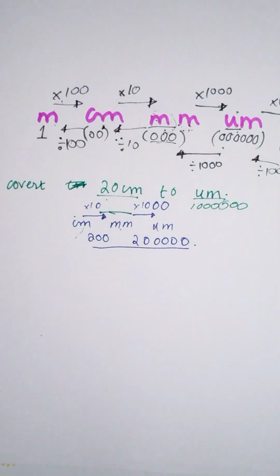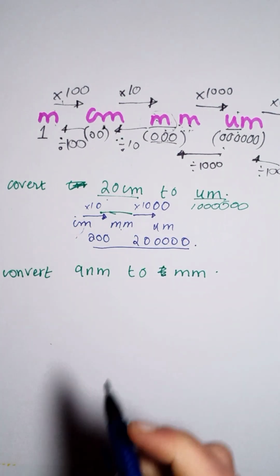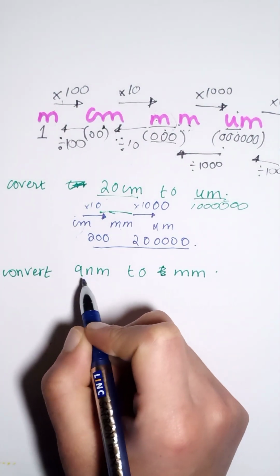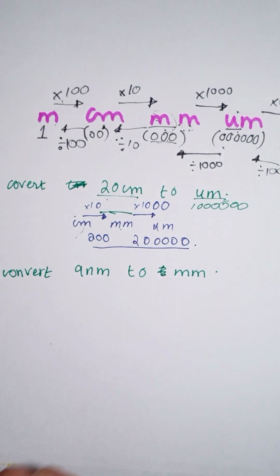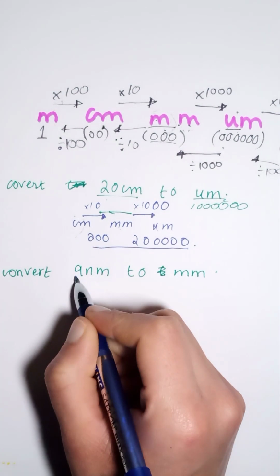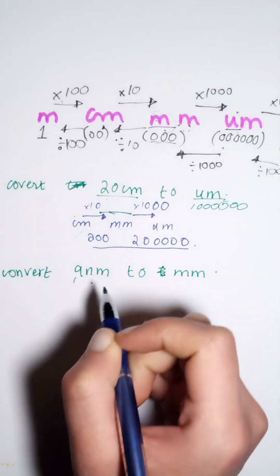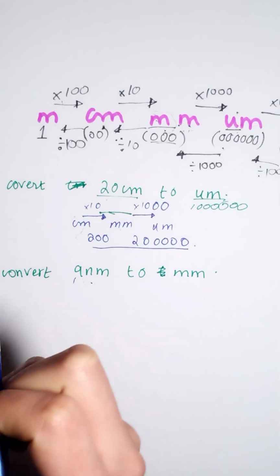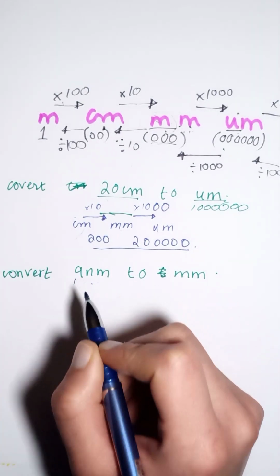Another question I'm going to give you guys asks us to convert 9 nanometers to millimeters. We know that nanometers is much smaller than millimeters, because it has 9 zeros compared to 3 zeros. So we're going to divide, because nanometers is smaller, so it has less to give.